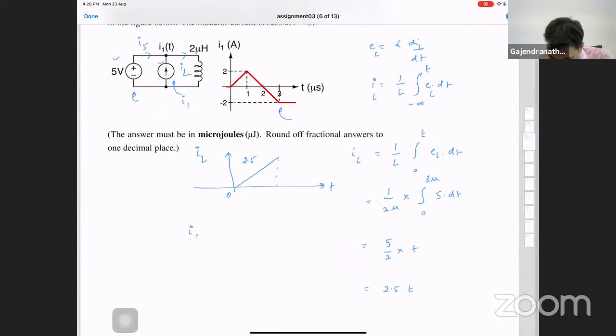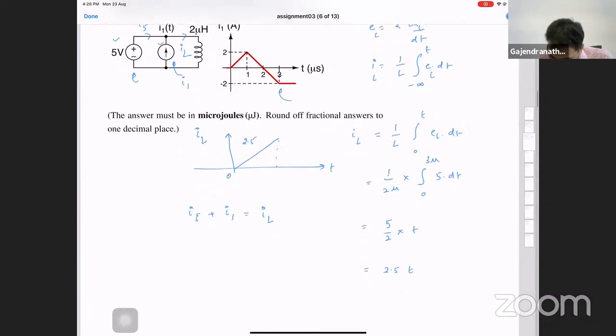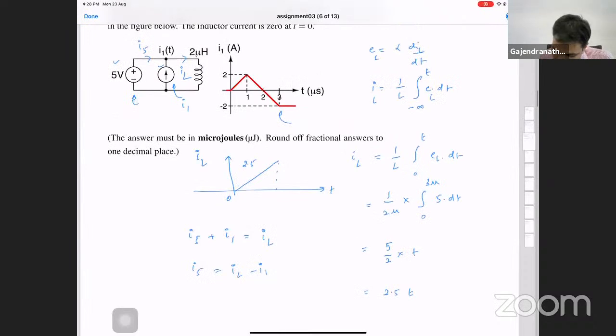I5 is entering the node, I1 is entering the node, and IL is leaving the node, right? So what is I5, which is IL minus I1? Okay, so we know IL, we know I1, we have to subtract it. Then we have to integrate that current, correct?